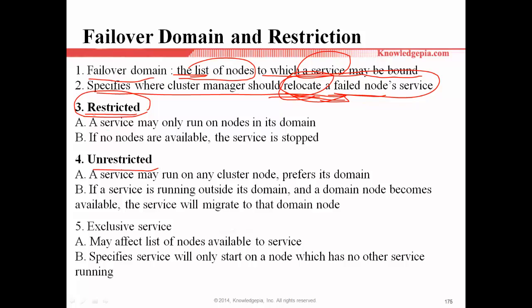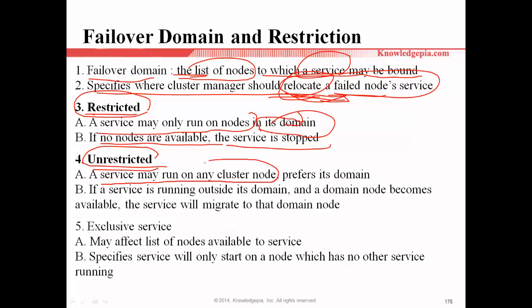In case of restricted, the service may only run on nodes in each domain. So this kind of domain will include the specific cluster node numbers. If no nodes are available, then the service will be stopped. In case of unrestricted, the service may run on any cluster node and prefers each domain first.